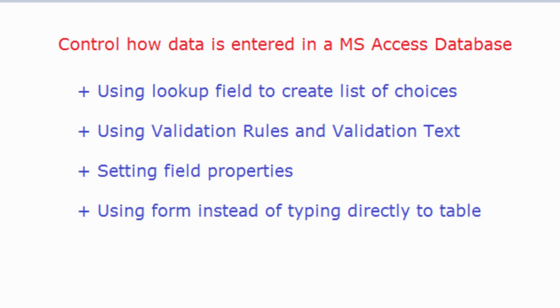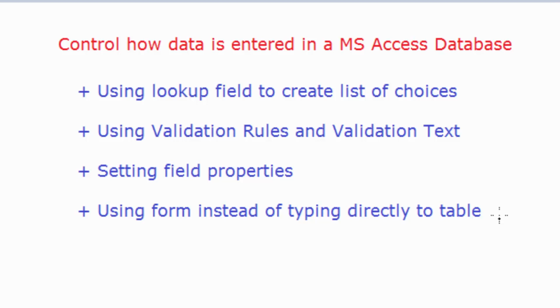For example, you might find in the field for gender in a table, other funny things are entered instead of male or female. Or in the field for the phone number, you find that even letters or alphabets are entered instead of numbers. To prevent this, we must have a way of preventing the user or guiding the user while entering data in the database table.